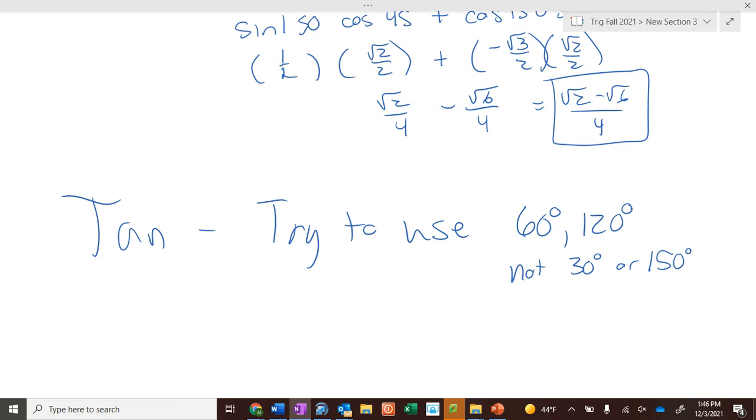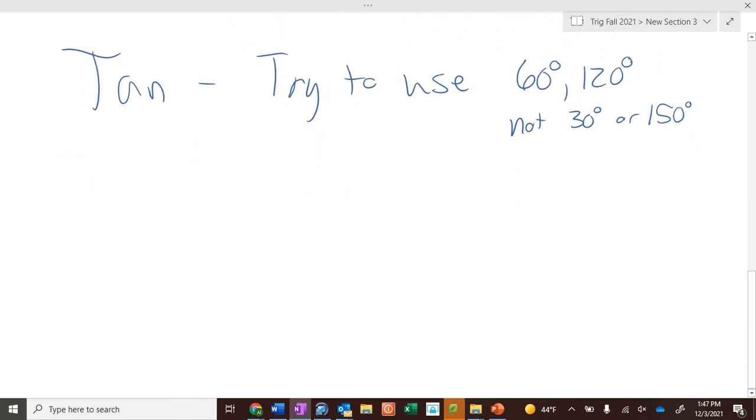Trust me. It's a lot easier when you use 60 degrees or 120 degrees or pi over 3 and 2 pi over 3 than it is to use pi over 6 or 5 pi over 6. Trust me. I know what I'm talking about sometimes.